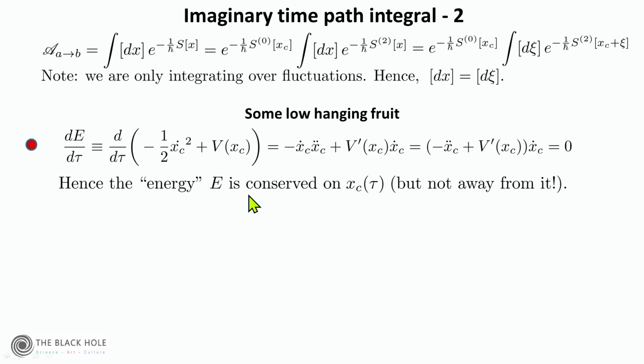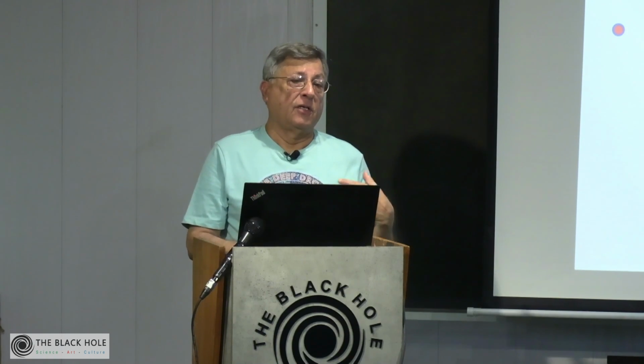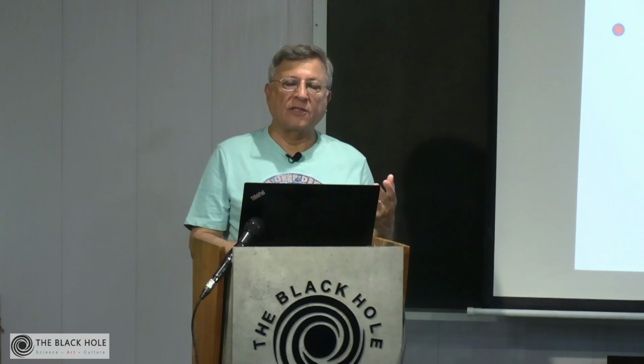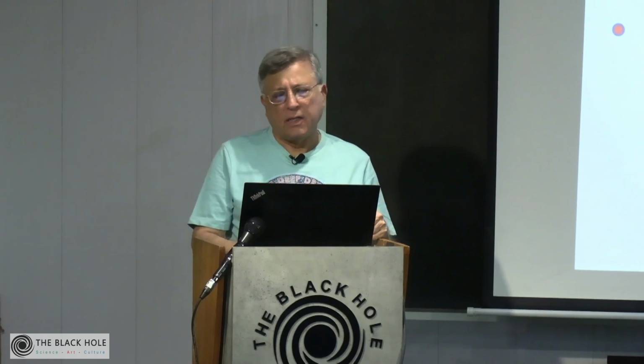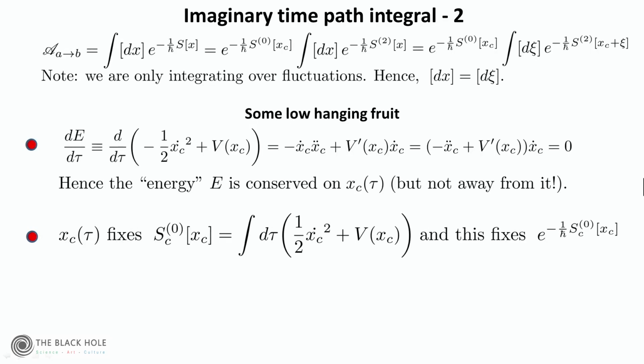That is, as long as one is on the classical path, energy is conserved, but not away from it. And that actually makes sense because we do know that classically energy is always conserved, but quantum mechanically, if you go away, then you have the Heisenberg uncertainty principle, delta E delta T is h bar, and so this is consistent with that.